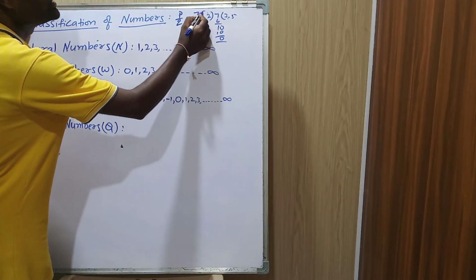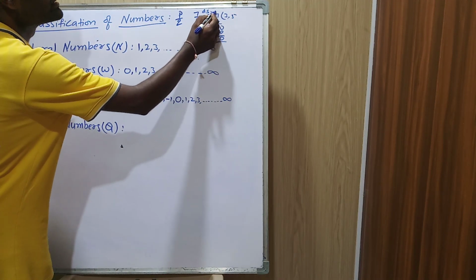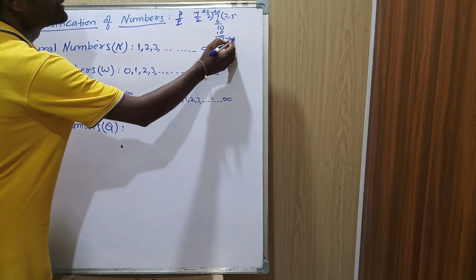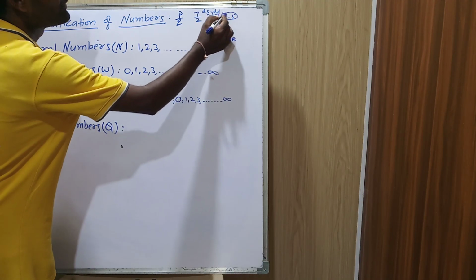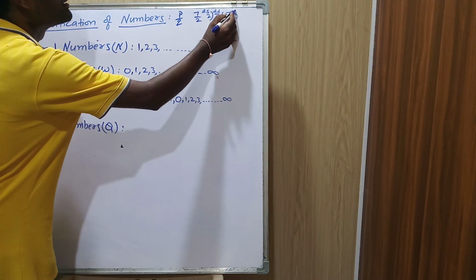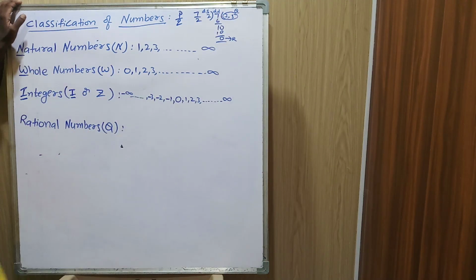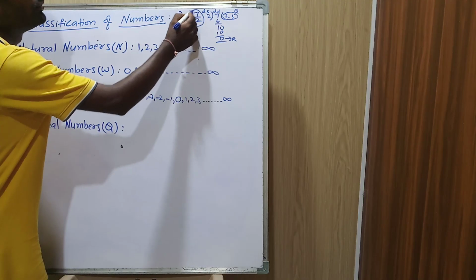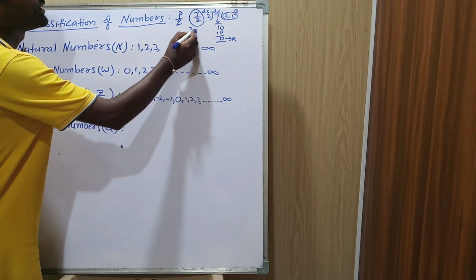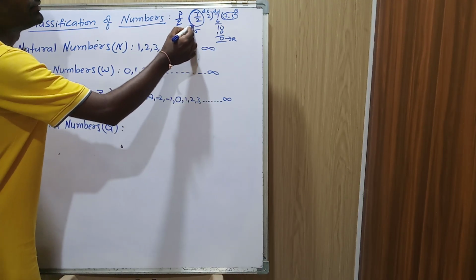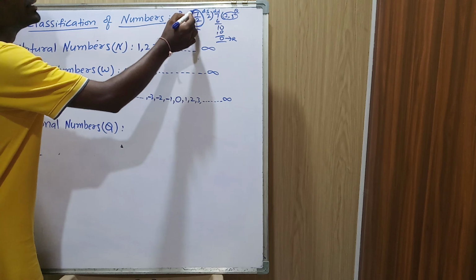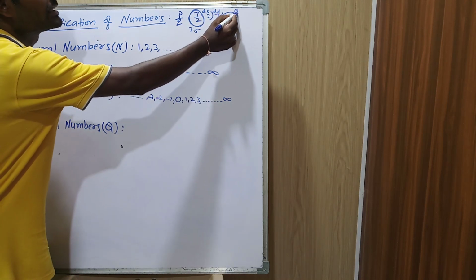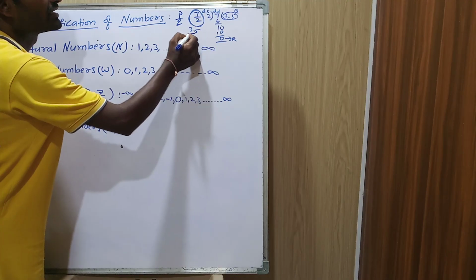Now, here 2 is the divisor, 7 is the dividend, 0 is the remainder, and 3.5 is the quotient. That means 7 by 2 answer is 3.5. So 7 by 2 is a rational number. When you do 7 by 2, you get 3.5. Quotient is 3.5.